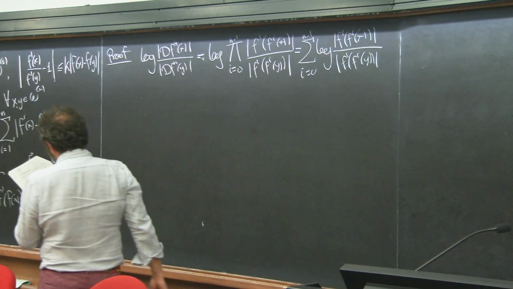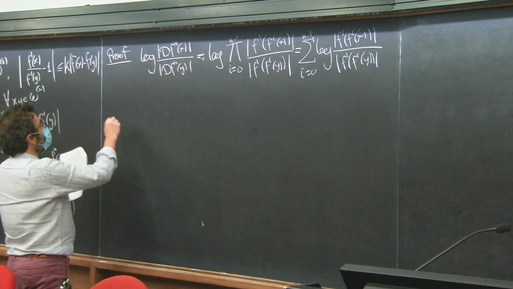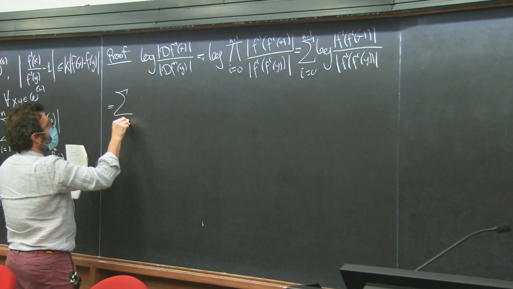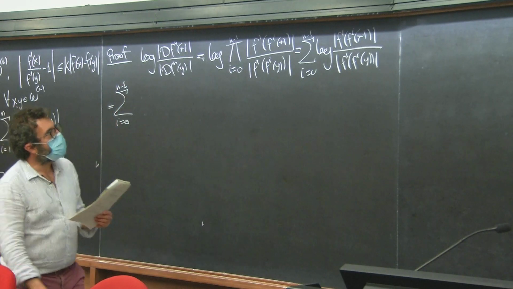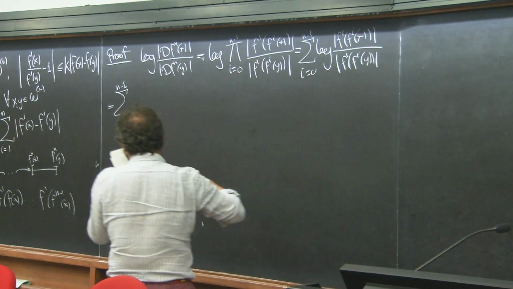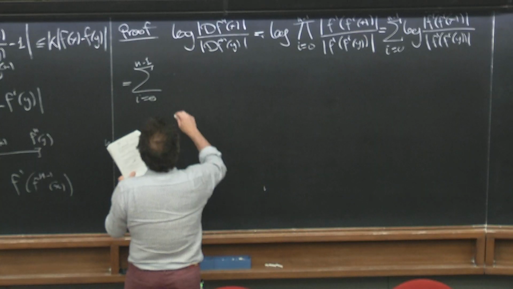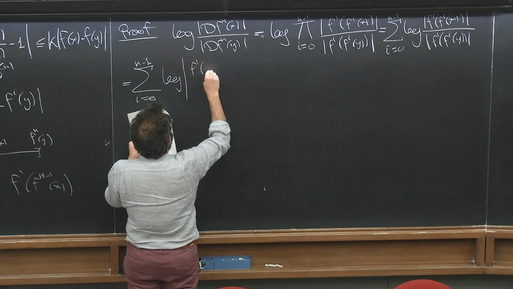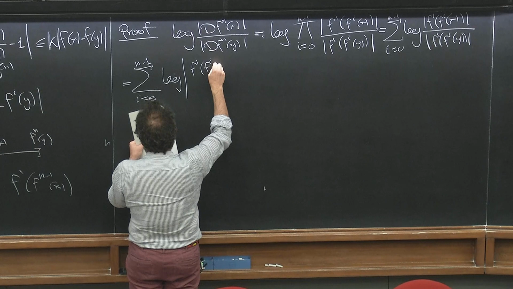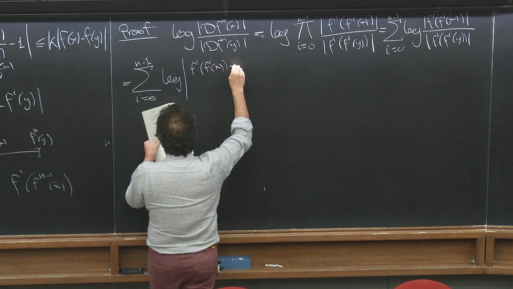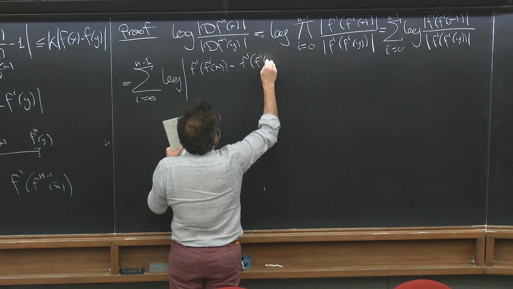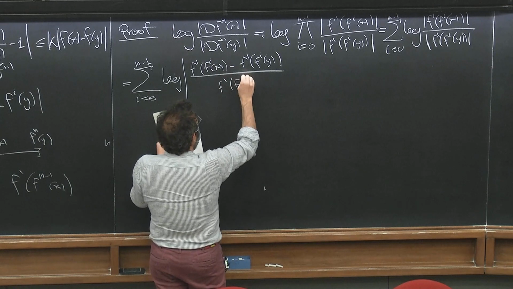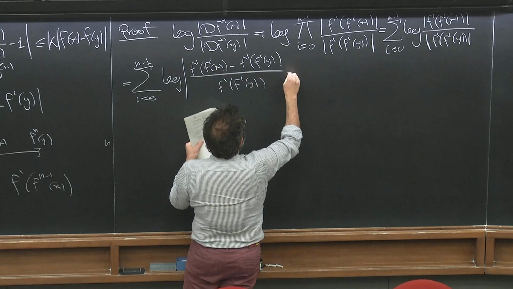And then here we can do a little bit of manipulation, and we get that this is equal to the sum, i equals 0 to n minus 1. And then you can check, we can easily write this as the log of (f prime of f^i(x) minus f prime of f^i(y)) over f prime of f^i(y), plus 1.